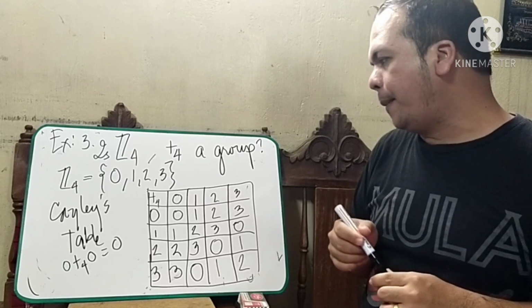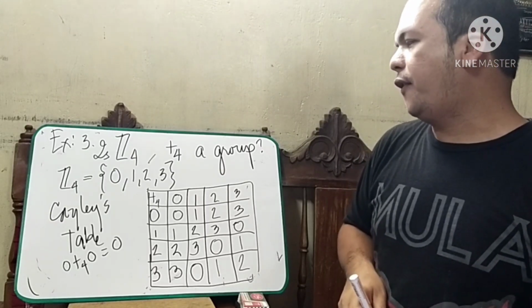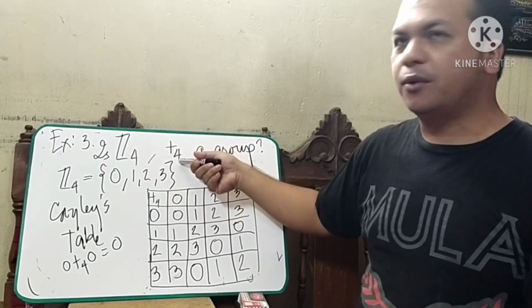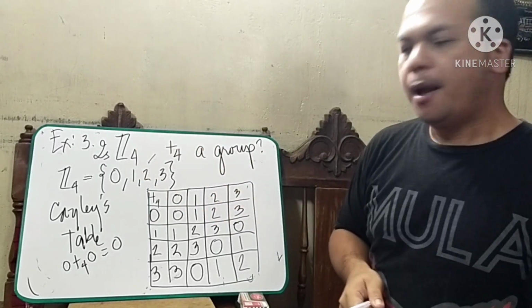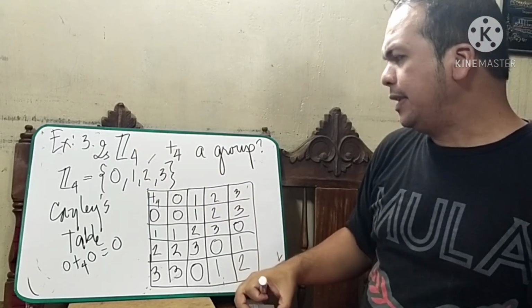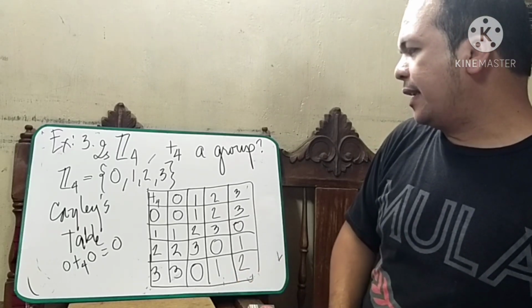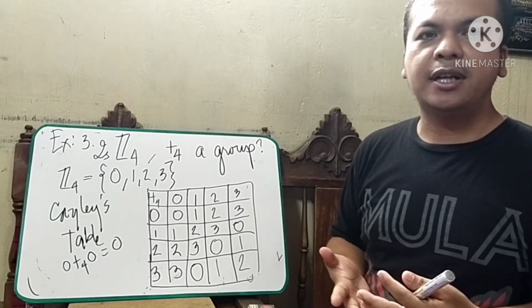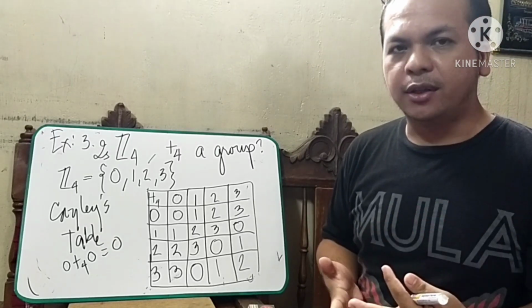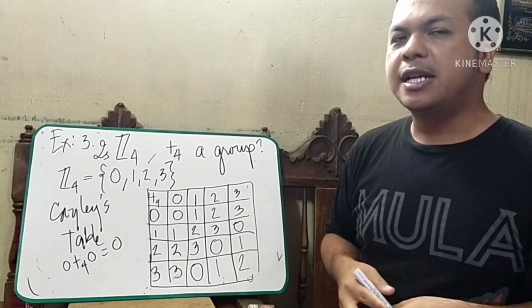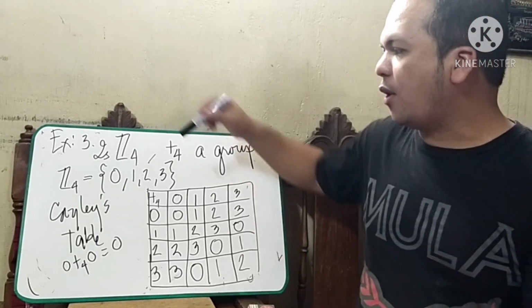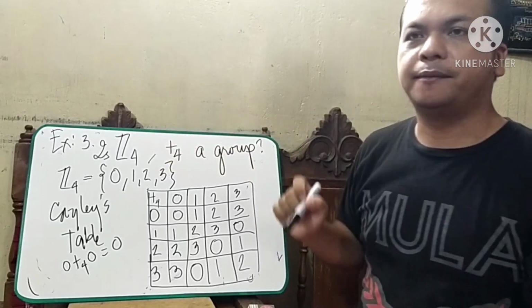So we have already completed the table for Z sub 4 with respect to the operation addition modulo 4. Now, observe that when we take any two elements of Z sub 4, the sum modulo 4 is always found in the set.